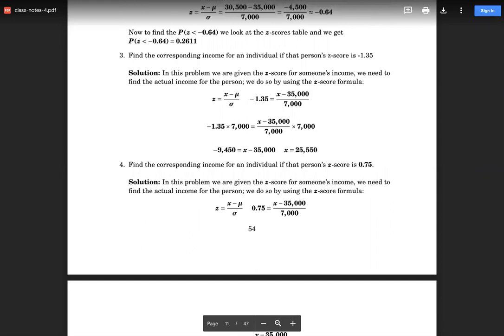They say find the corresponding income for an individual if that person's z-score is negative 1.35 and also 0.75. I'll do both of them: negative 1.35 and 0.75.